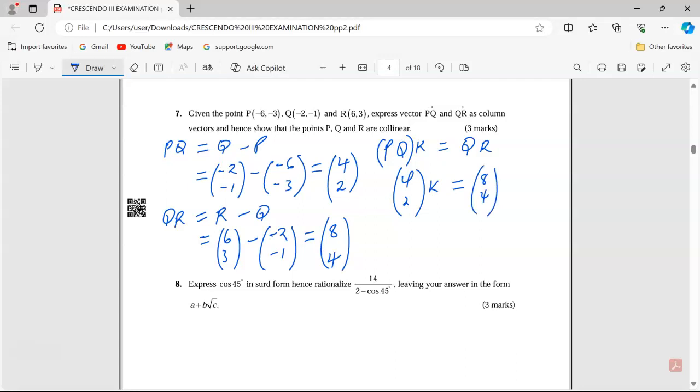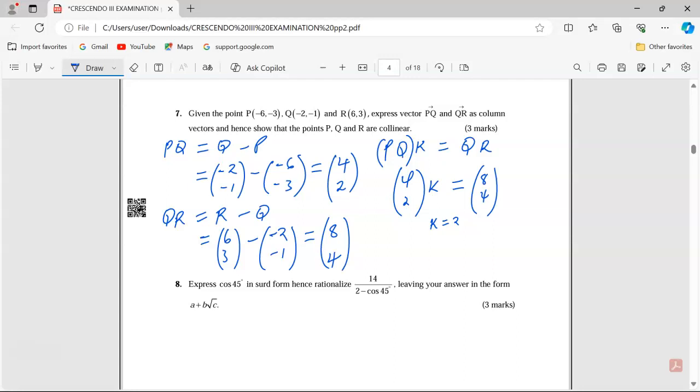So we can see that there is a scalar multiple here, such that 4k equals 8. So the value of k will be 2. We can also confirm using the y coordinates: 2k equals 4. Therefore, again, the value of k will be 2.